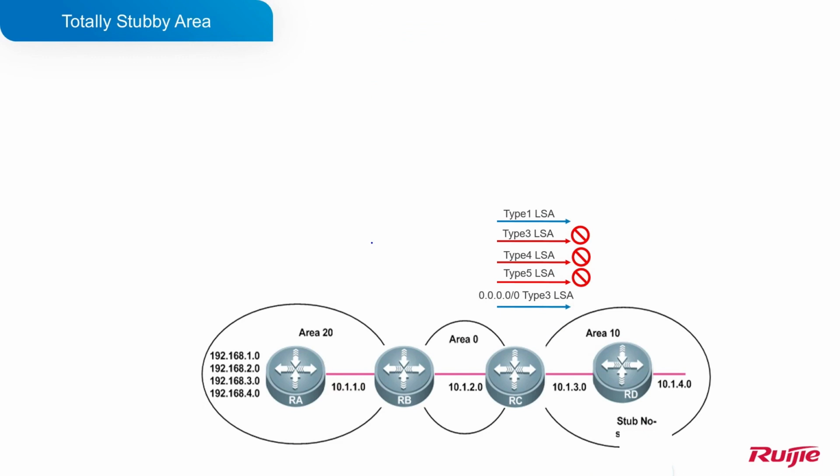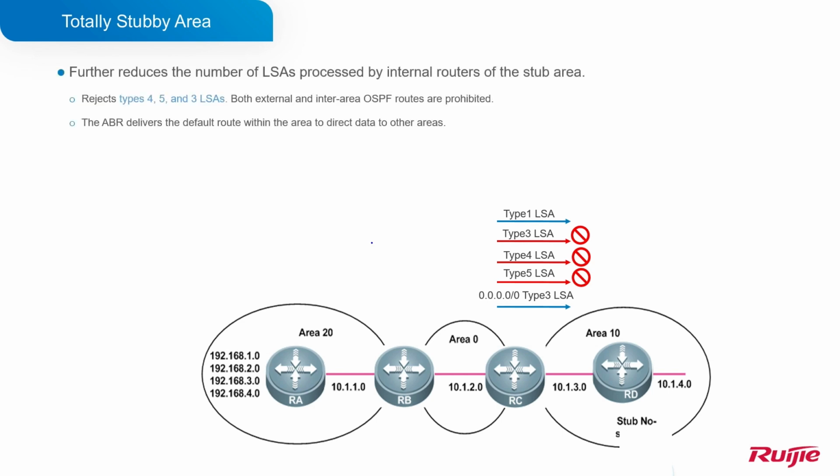Okay, next we will introduce the totally stub area. Actually, for the stub area and the totally stub area, there are little differences between the two types of area. Now we can see the totally stub area also has to reduce the number of LSA information, but the totally stub area can also reduce the type 3 LSA information.